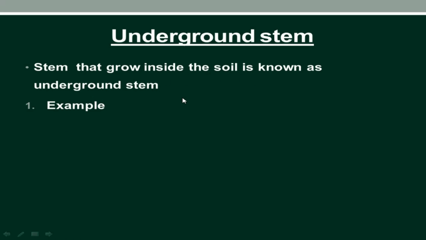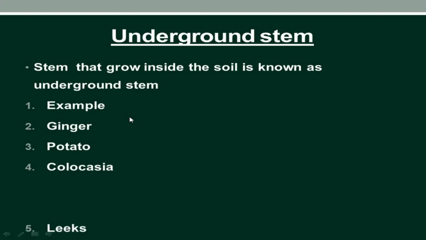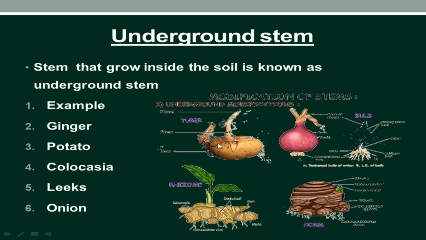What are the plants which bear underground stems? Ginger, potato, colocasia, leeks, and onion are some plants which bear underground stems. The stems of these plants grow inside the soil. These are some examples of underground stems.